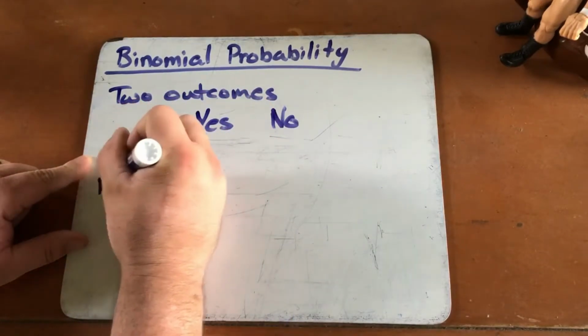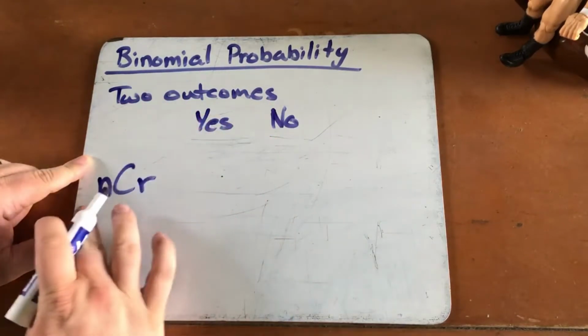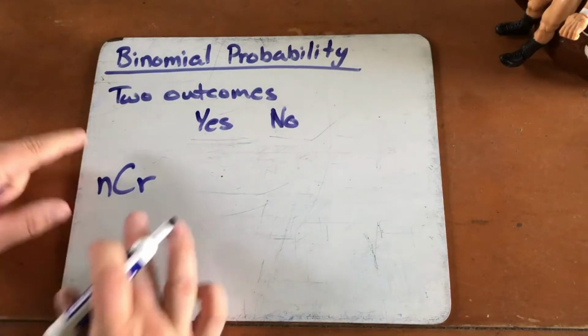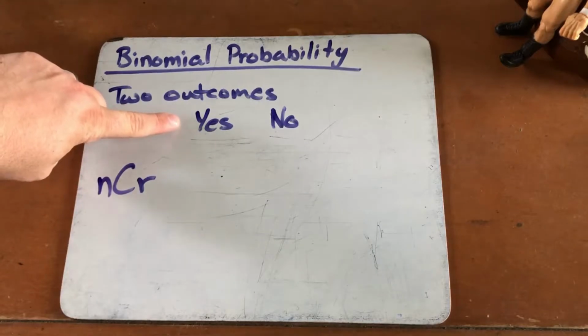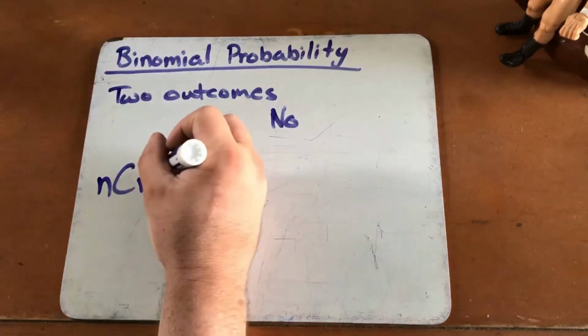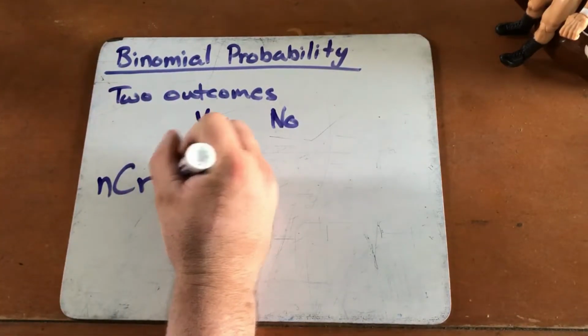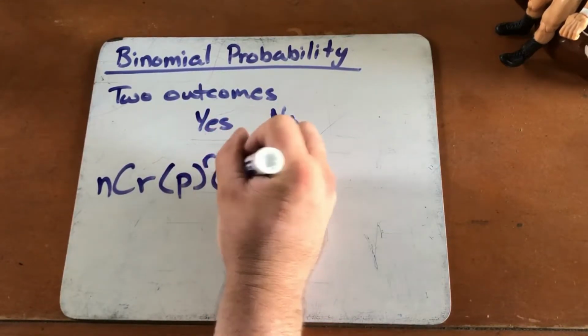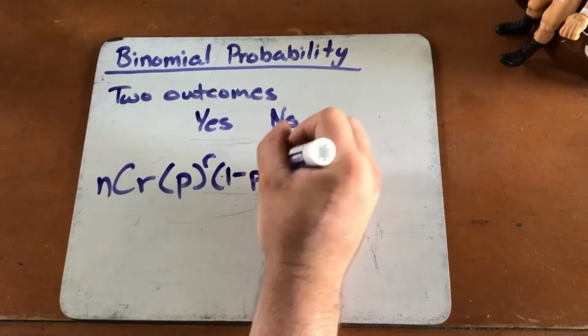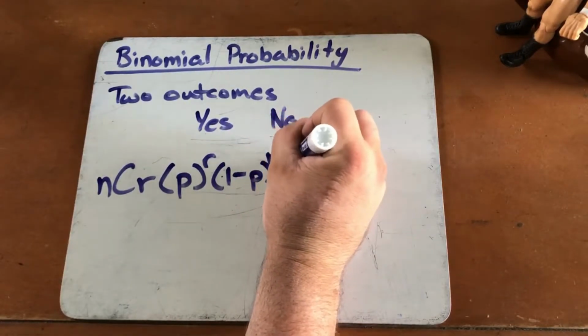So what we're looking for is a group of a certain number of successes out of a certain number of attempts.